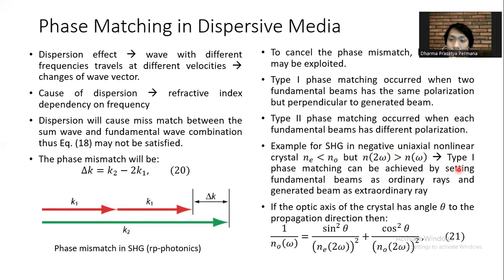We can achieve type 1 phase matching in this negative uniaxial nonlinear crystal by setting the fundamental beams as ordinary rays and the generated beam as extraordinary rays.